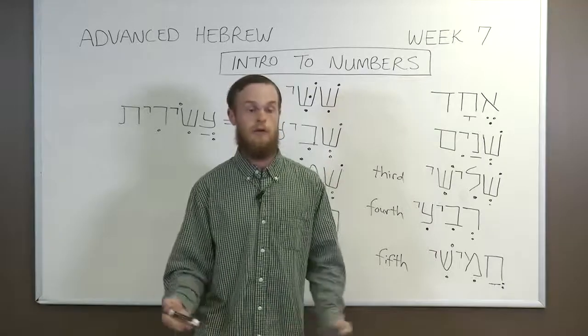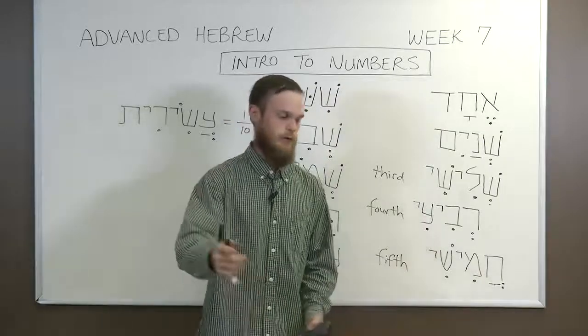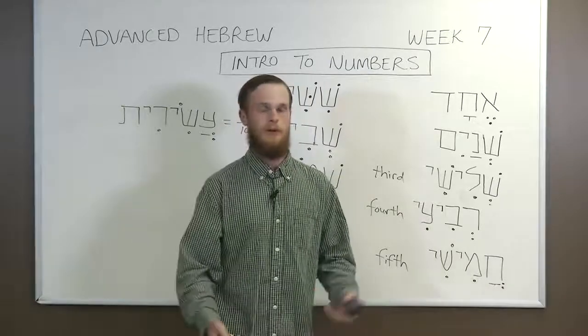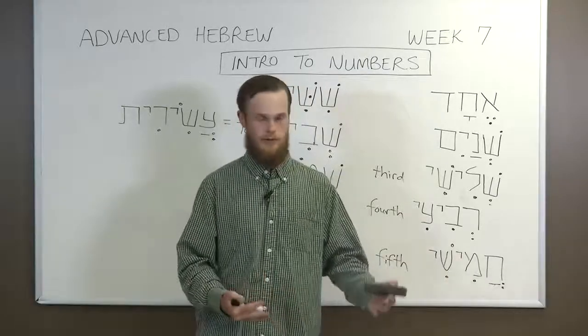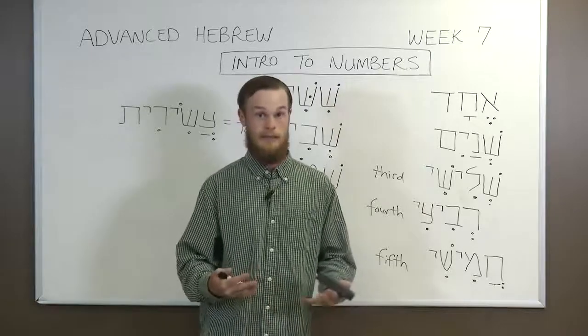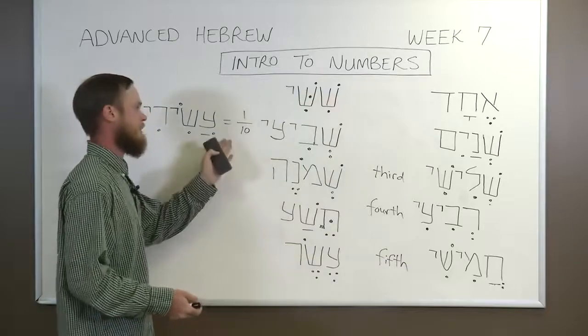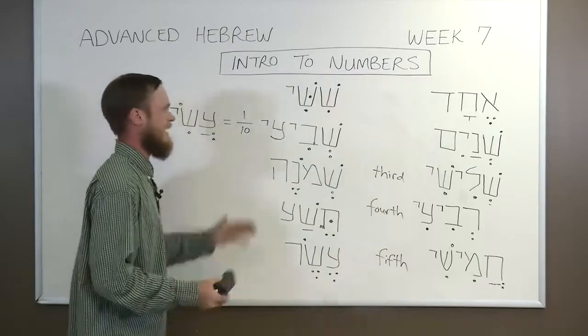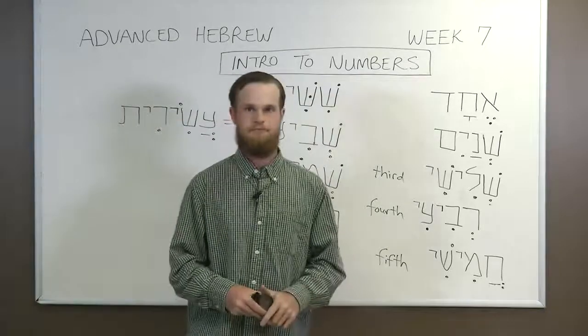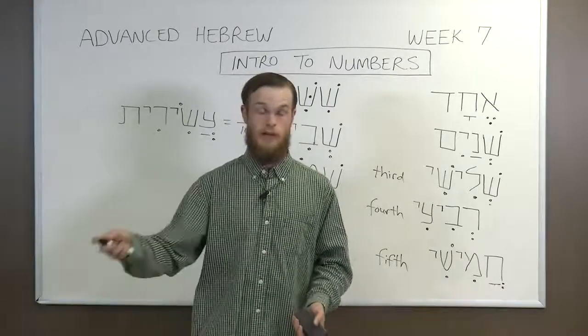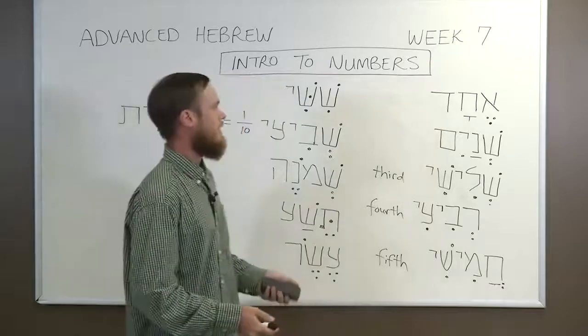Because to count your sheep, you would funnel them into a small area where they can only go by one at a time, and you count 1, 2, 3, 4, 5. So every tenth or every sixth or every third, whatever the case may be, is what you're counting. So it doesn't really mean the exact. In some cases, it does mean the exact fraction, but the idea is the same as the normal ordinal number. You're counting every third one. So the sense is the same.